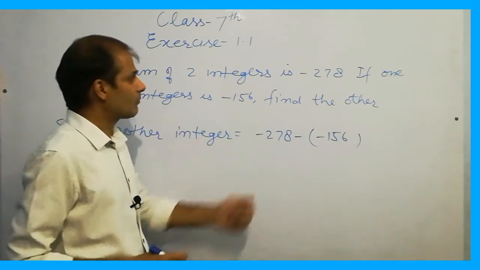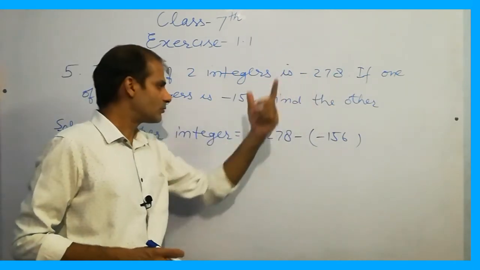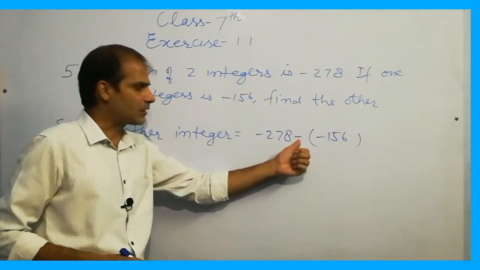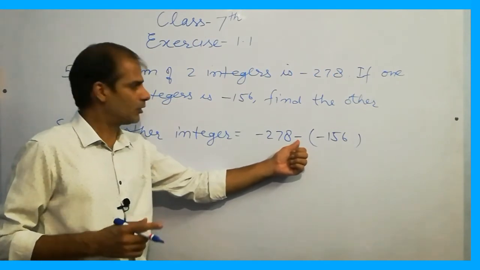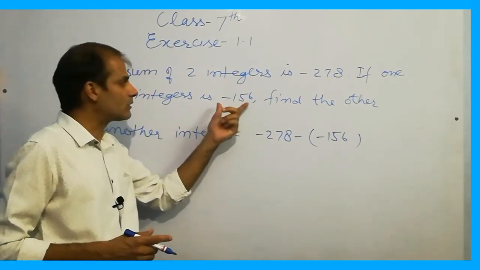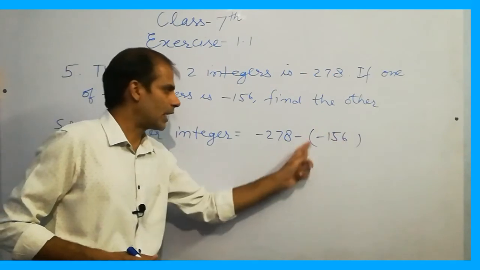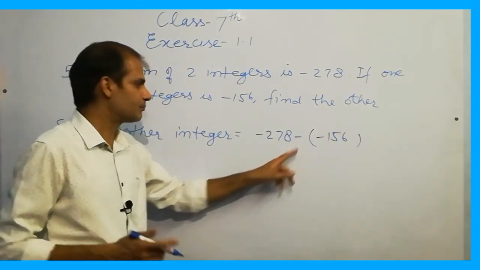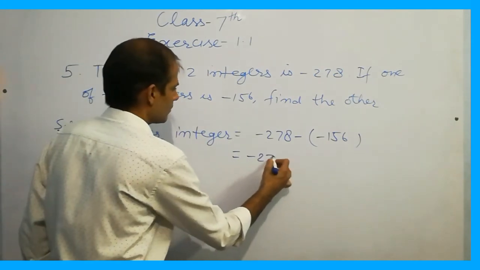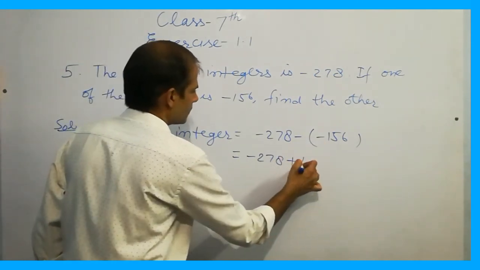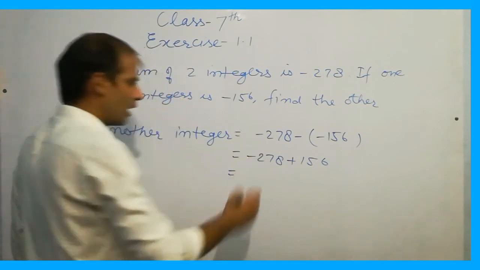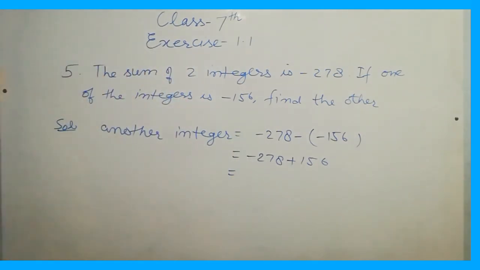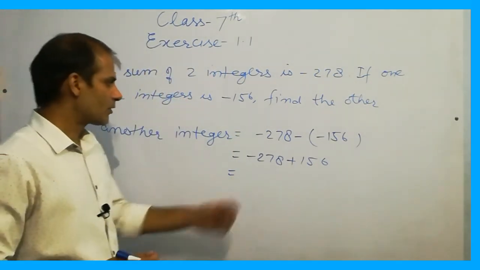Then you will write this number in the bracket because this number is negative. This is used for the subtraction process. Finally, minus minus becomes plus.